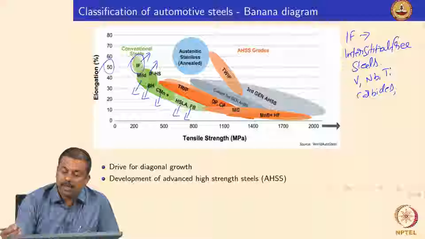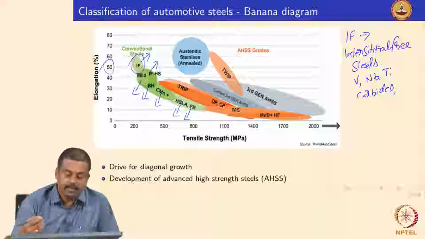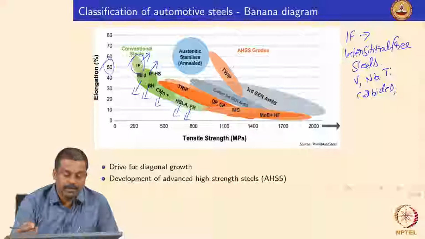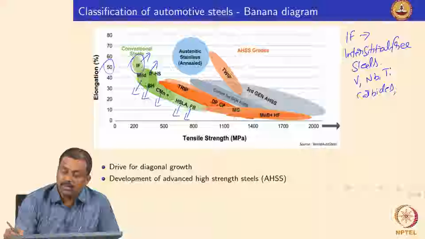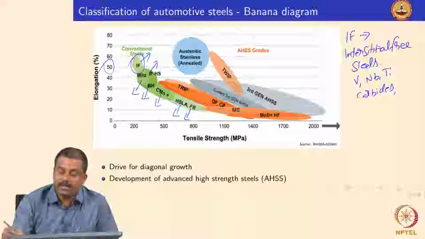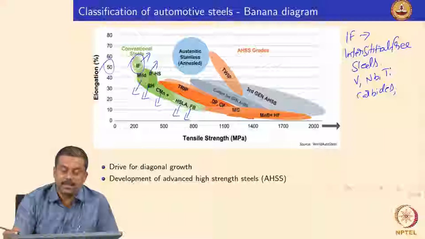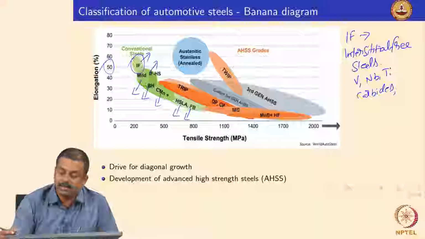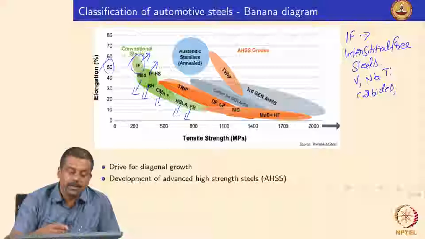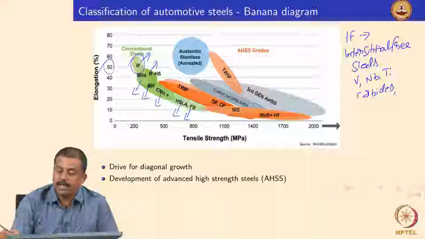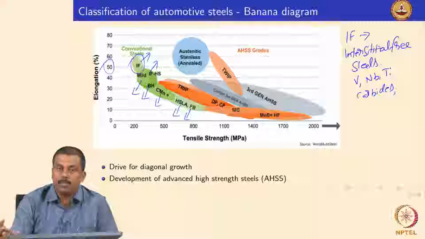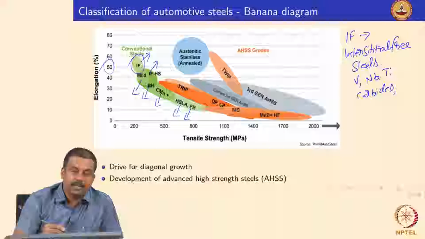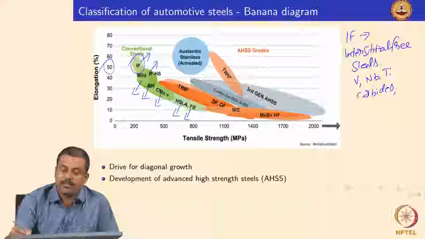Again, the trend went on to identify higher strength steels. The automakers wanted to increase the strength of the steel, as I have been explaining in earlier slides. So they started using a somewhat higher amount of alloying elements such as vanadium, niobium and titanium to form more carbides in the steel, so that the strength can be increased slightly higher than the conventional IF steels.